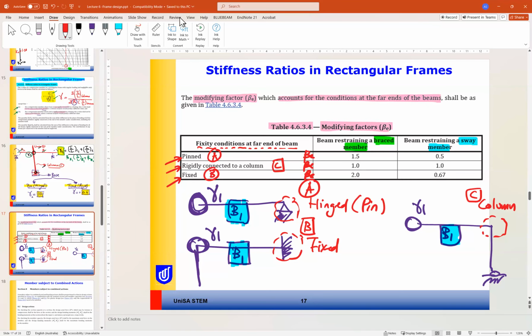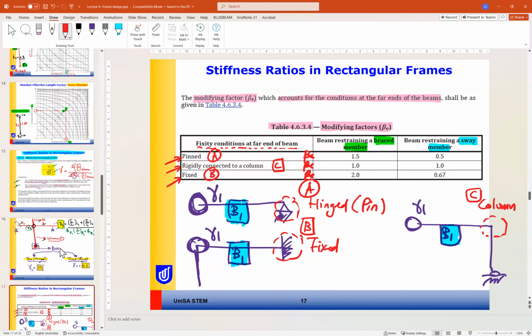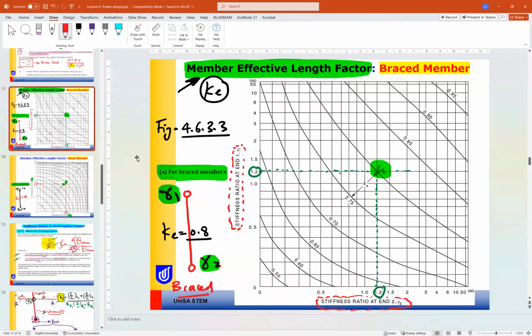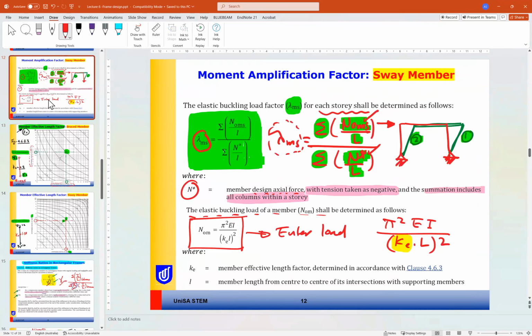Okay, so any question about this part? If we know beta effective here, we can find gamma. If you find gamma, you can find K effective based on the column braced or unbraced. If you know K effective, you can find NOMB or NOMS based on the calculation.